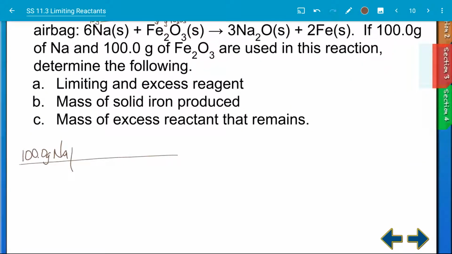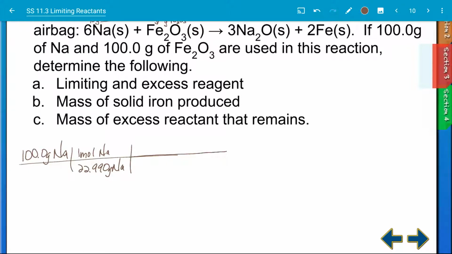And on here, I have 1 mole of sodium being 22.990 grams of sodium. So now I'm in moles of sodium.